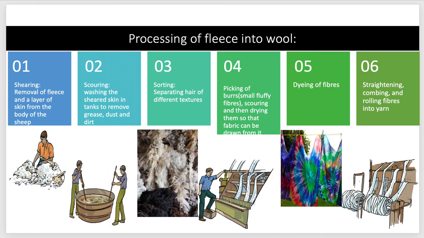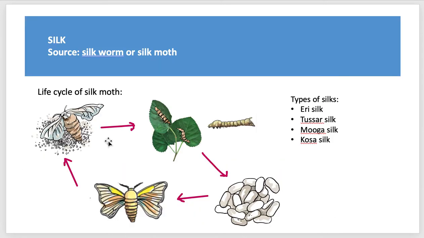So then we have wool, and these threads or yarn are woven into different types of clothes and sweaters and so on. Then we learned about silk. So we have a silk moth over here which lays eggs, and we get silkworms.